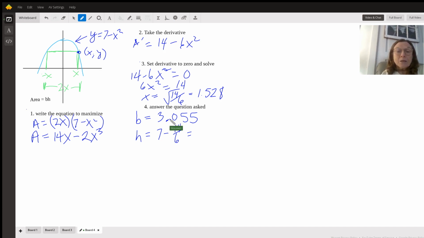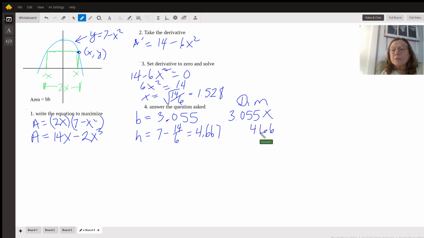And that comes out to be 4.667. So my dimensions are 3.055 by 4.667.